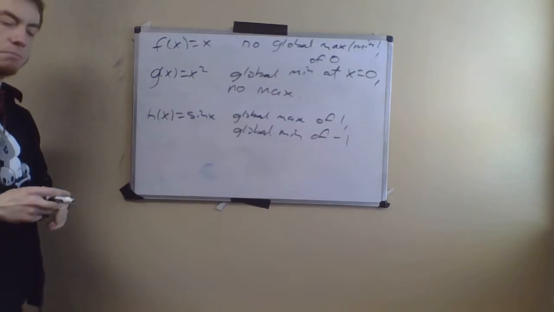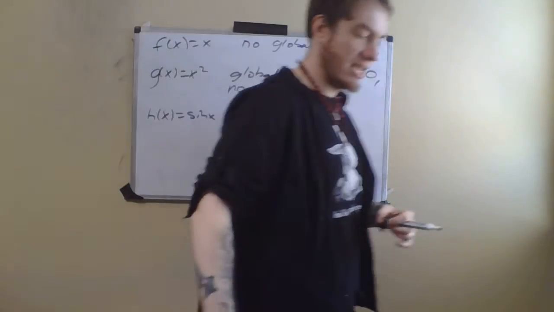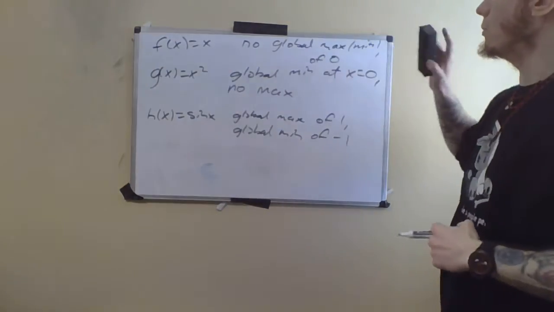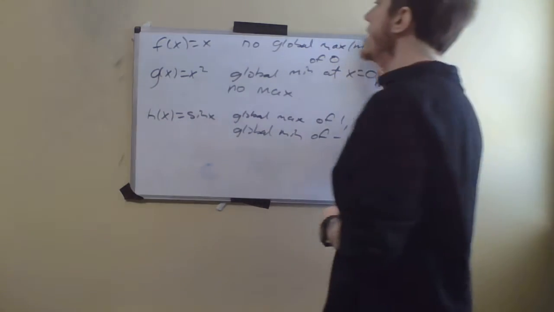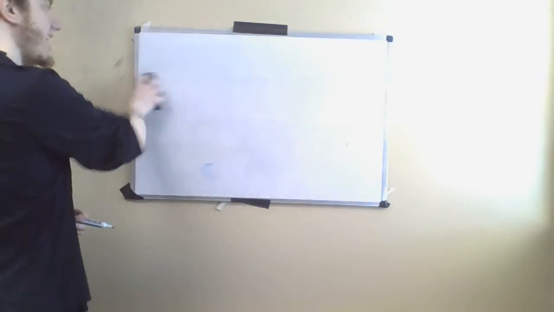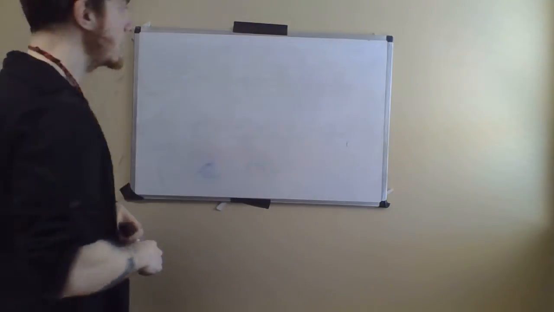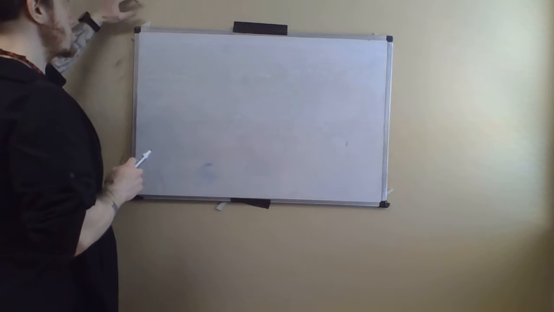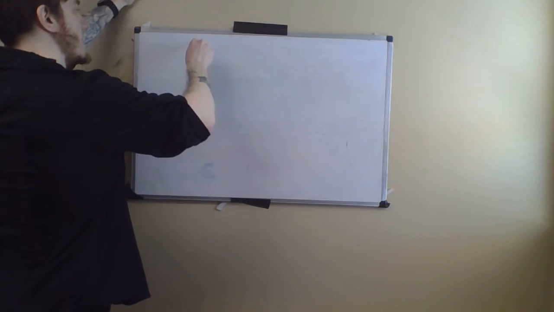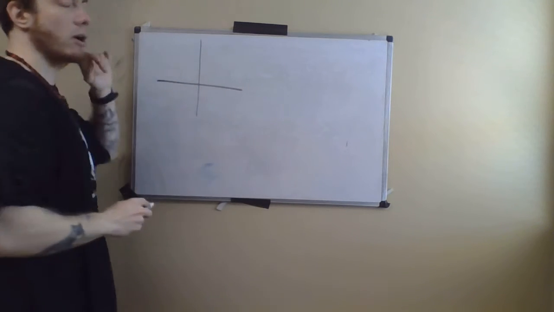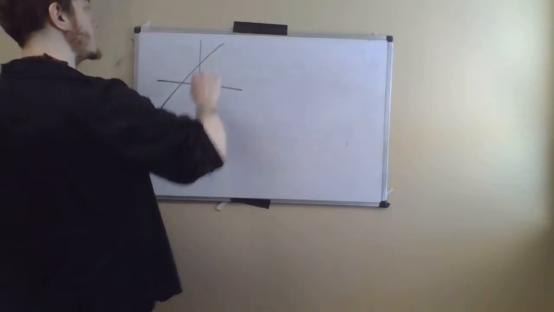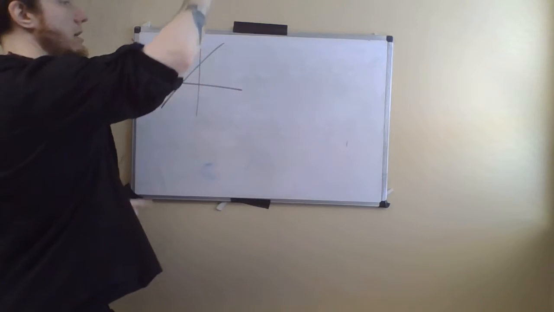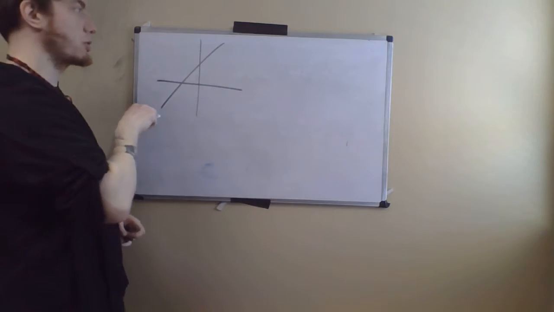Now, an important result in mathematics is about when we can guarantee that there is a global maximum or minimum. And again, you don't necessarily always have them, as we saw in those examples. But there's only a few ways that things can kind of go wrong when we're talking about not having a maximum or a minimum. Like, one thing is you could just potentially grow without limit in both directions.